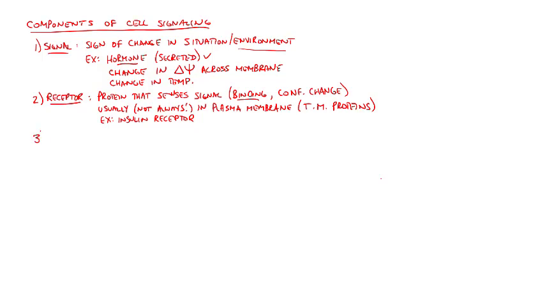The third component of signaling, the one that I think people have the most trouble with, is the so-called relay. So what's a relay? A relay is a process for carrying a signal from the outside of the cell to the inside.